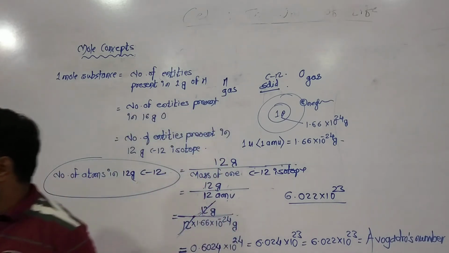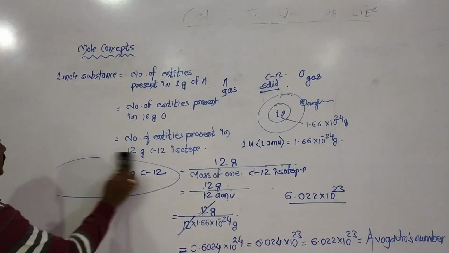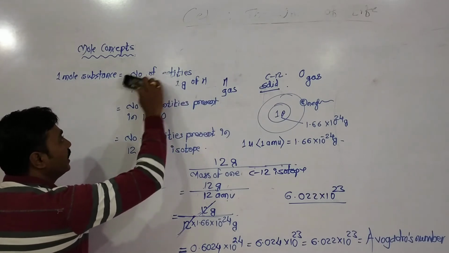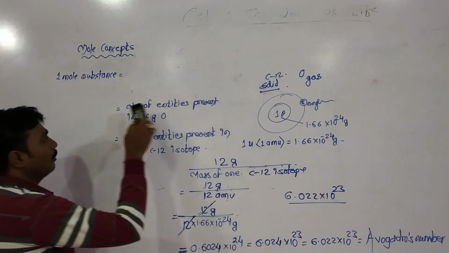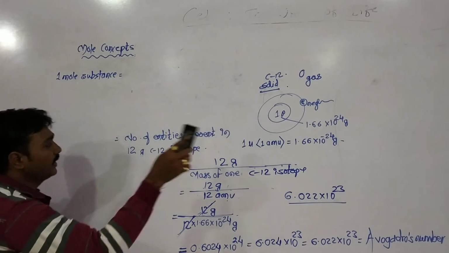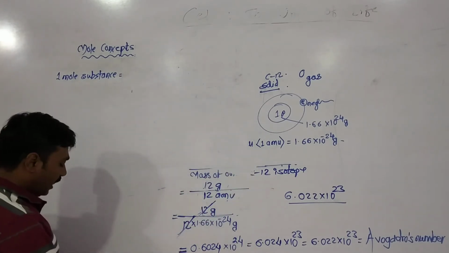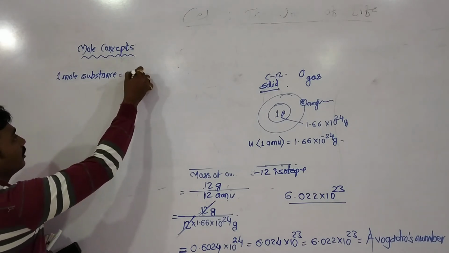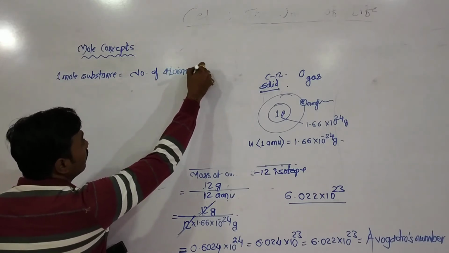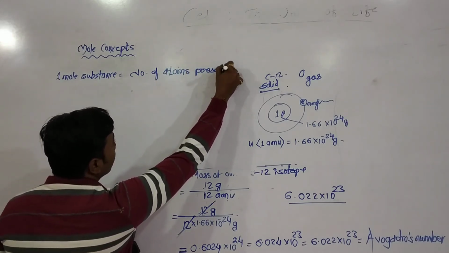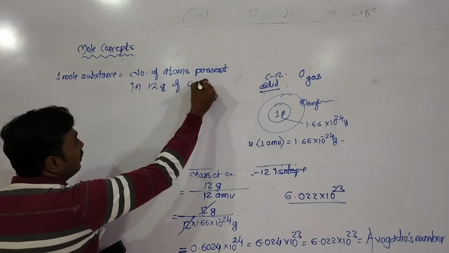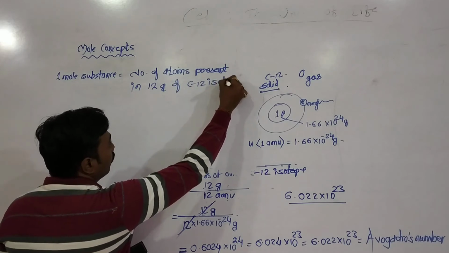And now the question arises: what is 1 mole substance? 1 mole substance is the number of entities present in 1 gram of hydrogen, but that standard was neglected. The number of entities present in 16 gram of oxygen, also that standard was neglected. And finally, the standard becomes the number of atoms present in 12 gram of carbon-12 isotope.